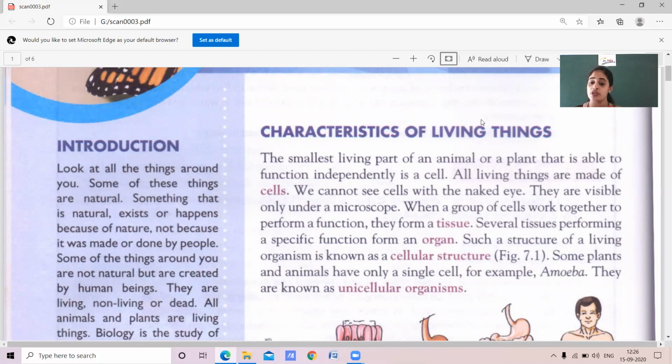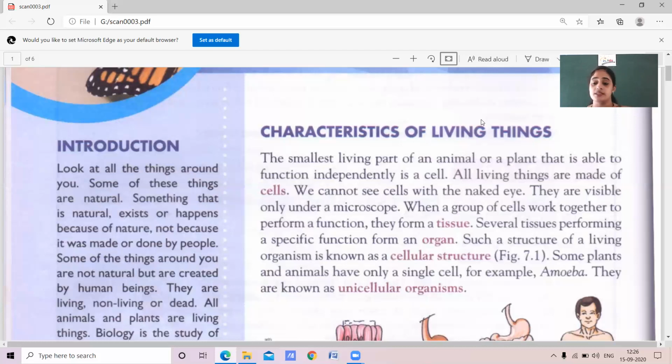In our body, there are a number of tissues. They perform a number of functions. Okay. Here, several tissues perform a particular function in an organ to form an organ.